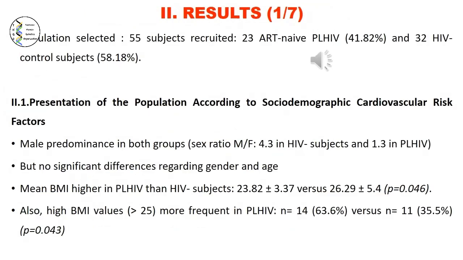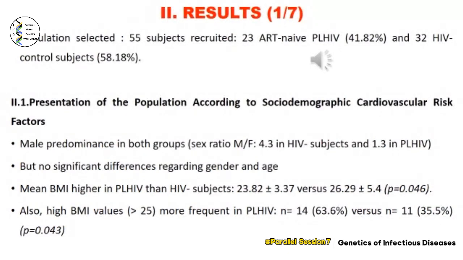A total of 55 subjects were recruited, consisting of 42% ART-naive persons living with HIV and 58% HIV-negative controls. According to the sociodemographic cardiovascular risk factors, there was a male predominance in both groups, but there were no significant differences regarding gender and age distribution.